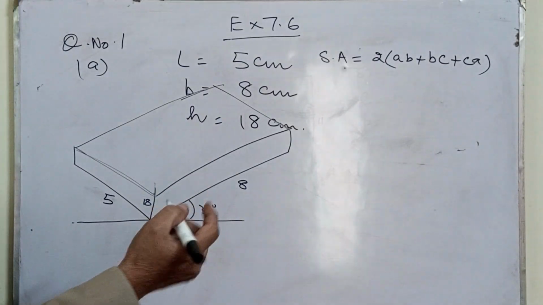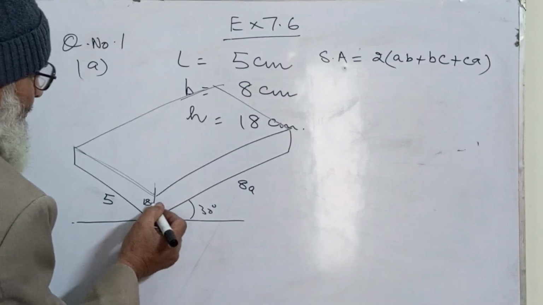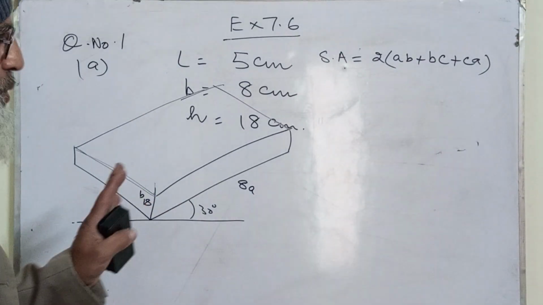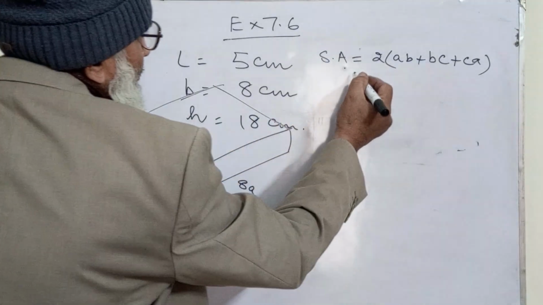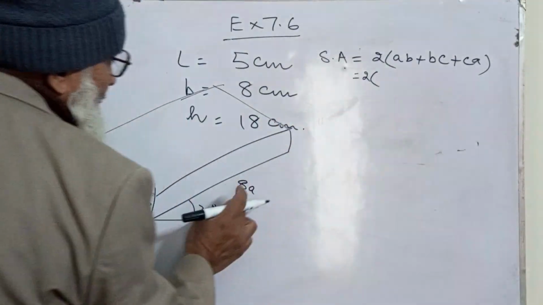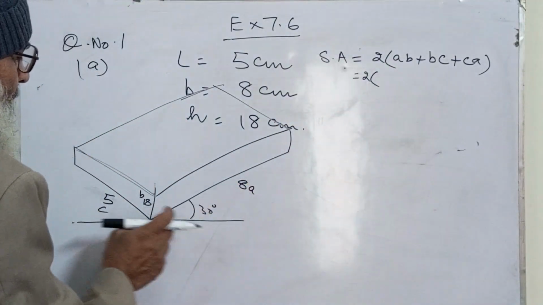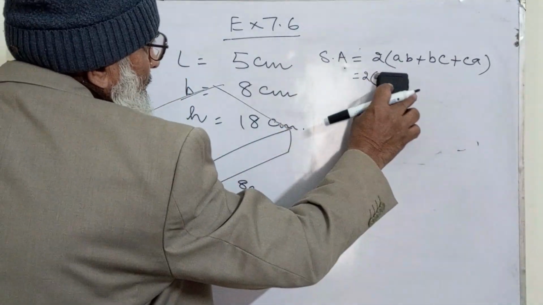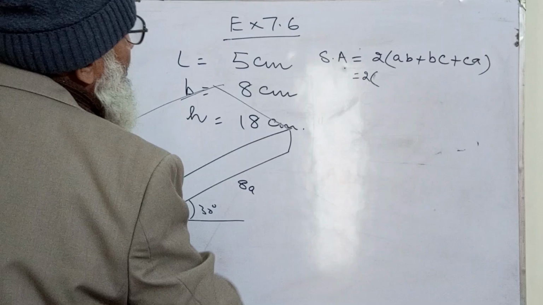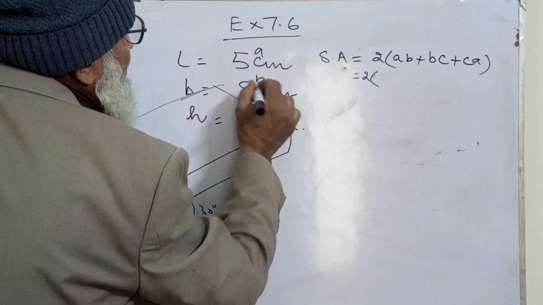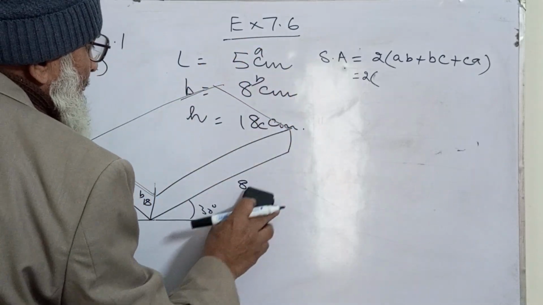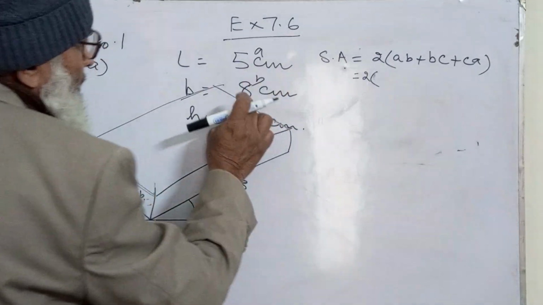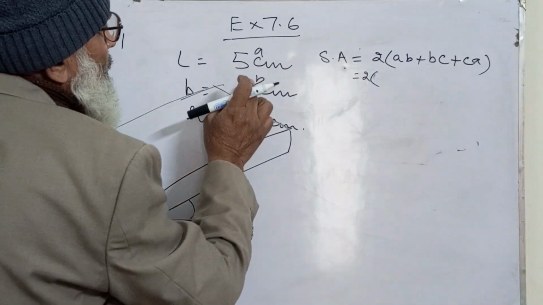Now just mark that this is A, this is B, and this is C, or you can take it at your own will. Now 2 multiplied by A into B. Now this is A, this is B, this is C. I am taking from the near spot.